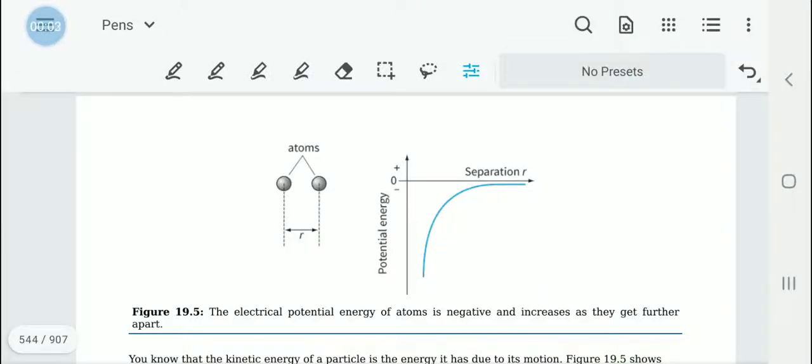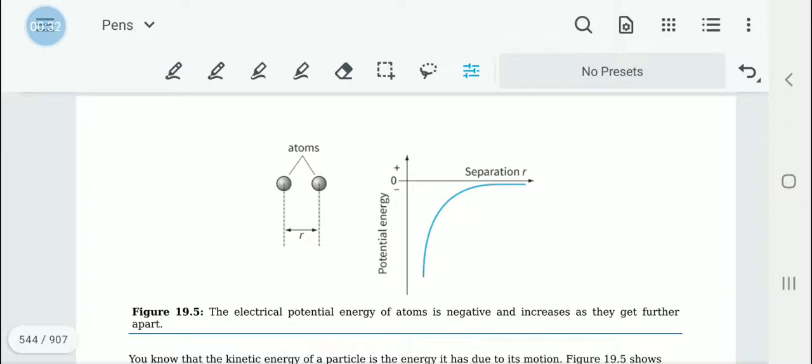Physics chapter 19 theory video 3. This figure 19.5 represents how the potential energy increases with separation. You need to understand that the potential energy is negative when the separation is less, that is, when it is close by.